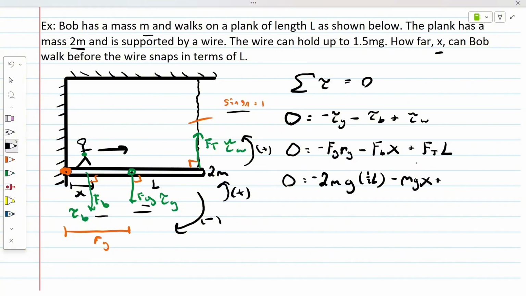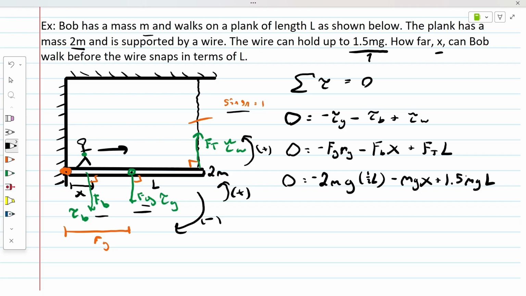So we're trying to figure out what is the max distance he can walk. So we need to know how far can he walk before we reach this 1.5 mass times gravity. And since we're finding the farthest point, we want this tension to reach right up until this 1.5 mg. So the force of tension that's going to be applied right before the snapping point is 1.5 mass times gravity, and then we obviously still have L.